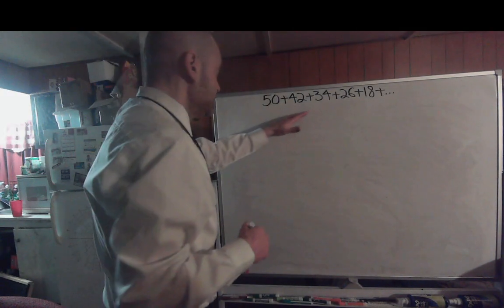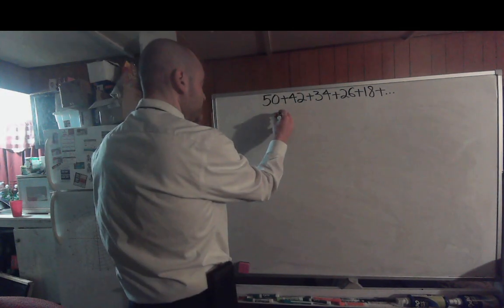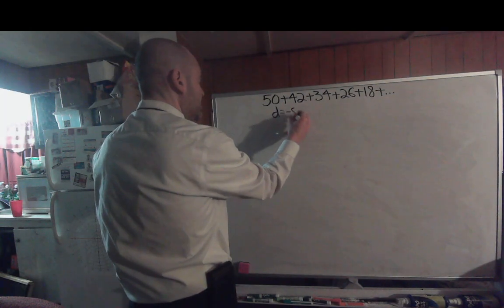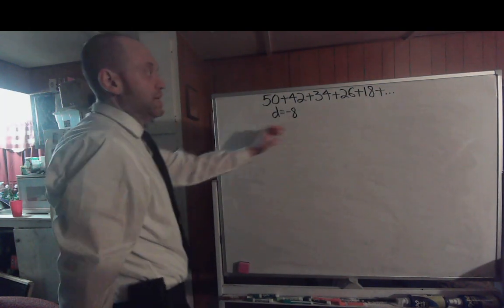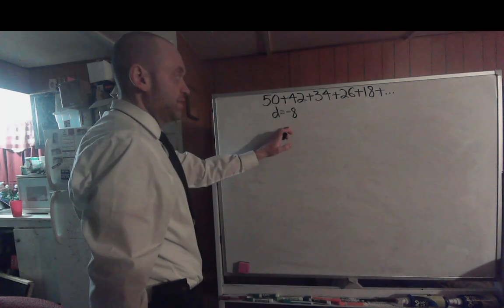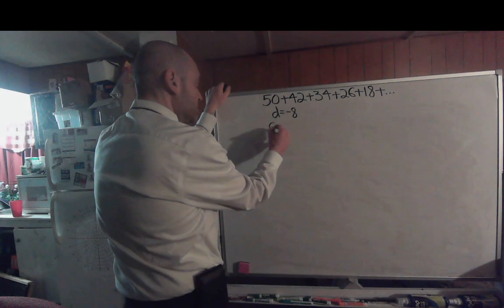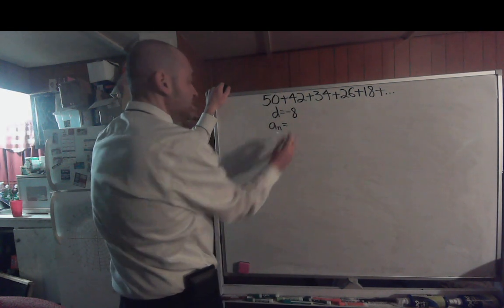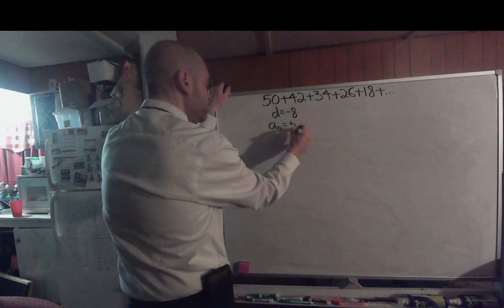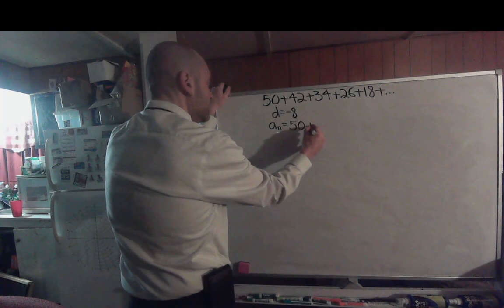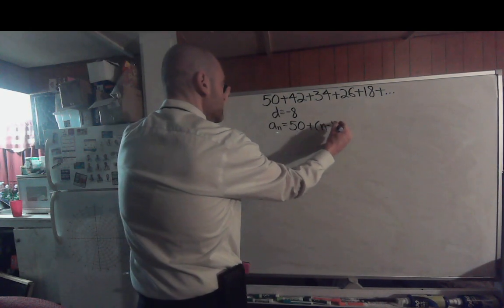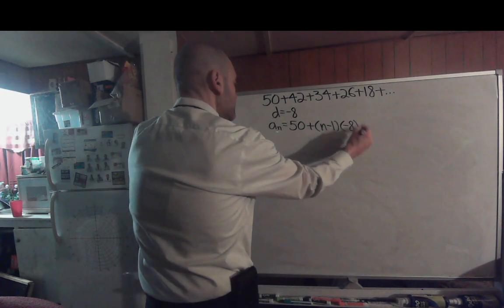Arithmetic series, the common difference in this case is -8 because it goes down by 8 between each term. So let's go ahead and find the formula for the sequence part of this. a sub n would equal your first term of 50 plus n minus 1 times -8.